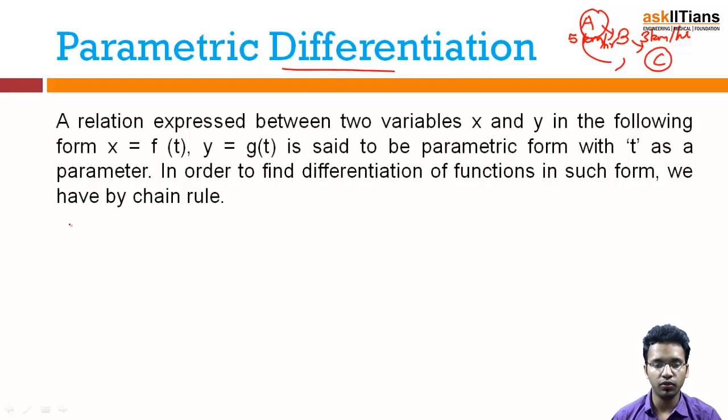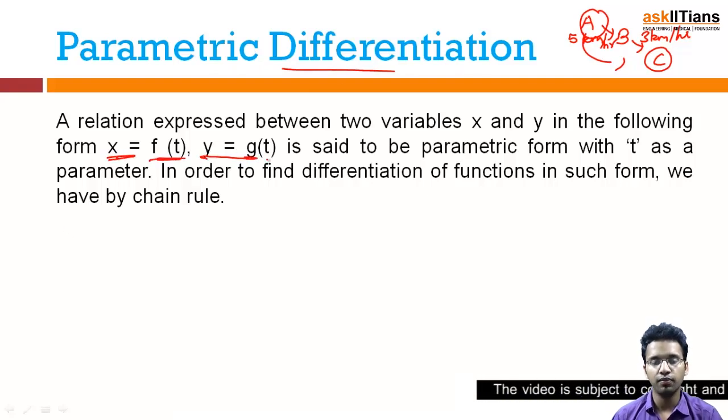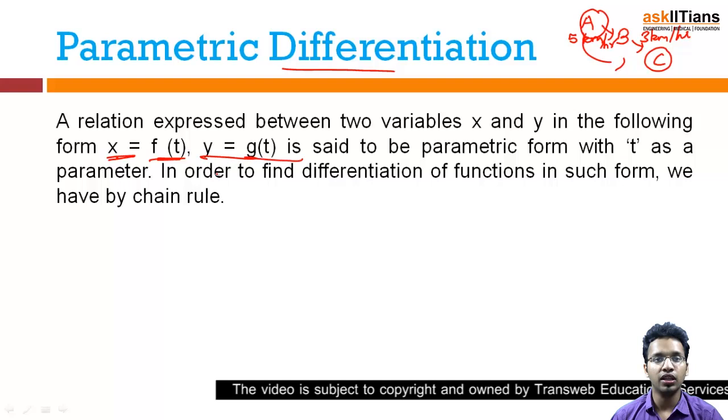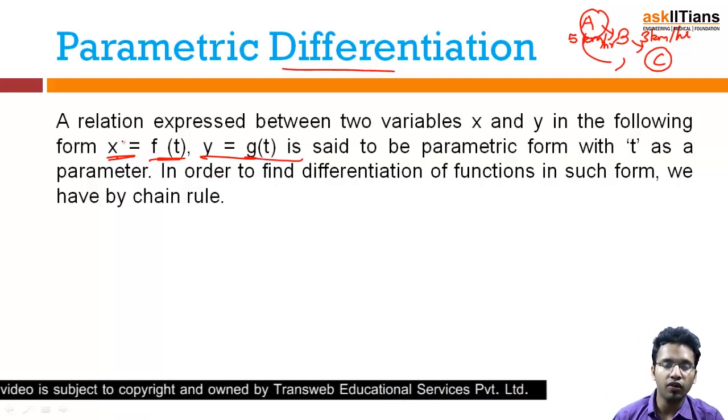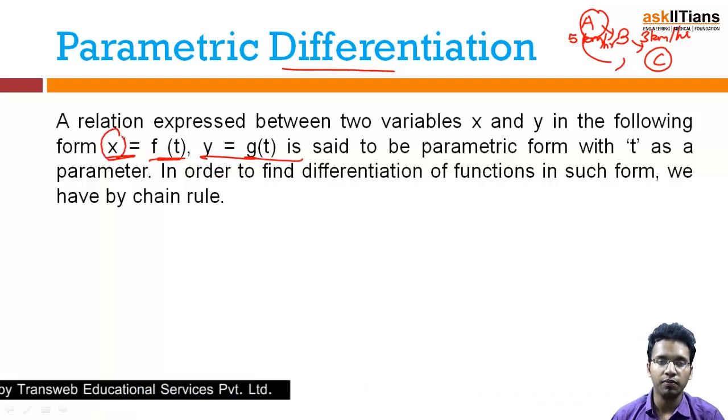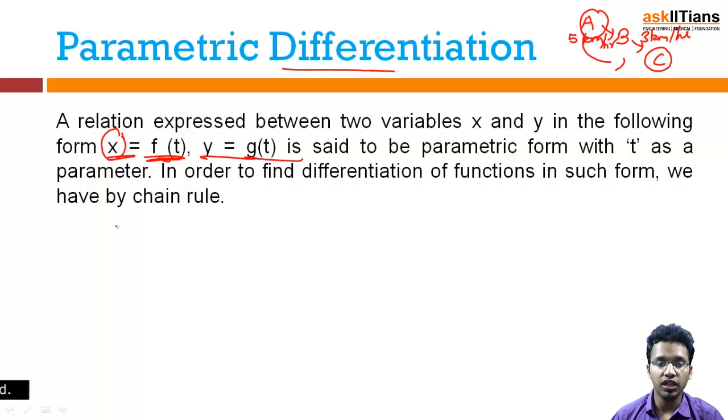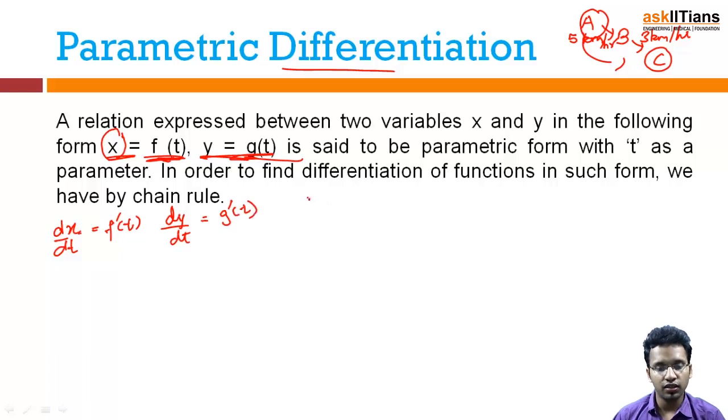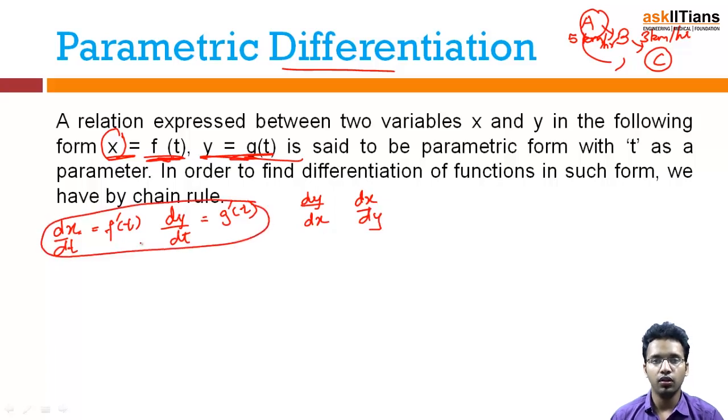What we are going to do, suppose x is dependent on t and y is dependent on t with some other relation. I'm going to first look at the change that x experiences as I change t. So that will be dx by dt, which will be f dash t, and from here I will get dy by dt, which is equal to g dash t. From this I can get dy by dx or dx by dy, depending on the question requirement.